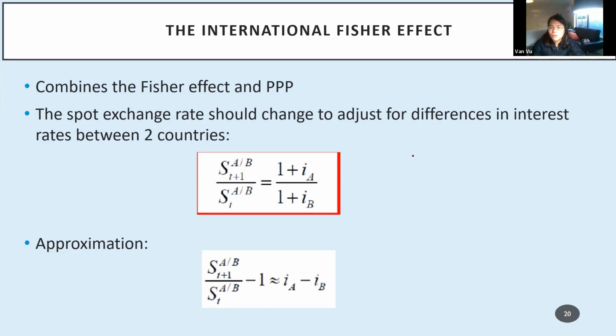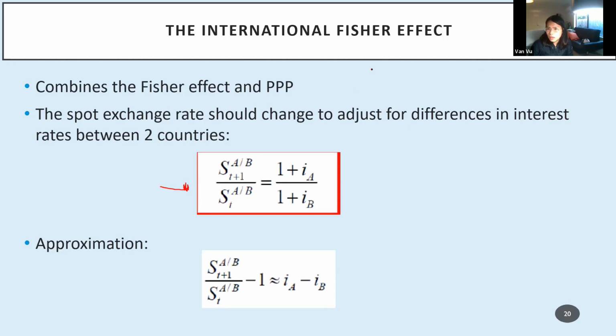If we combine the Fisher effect and the purchasing power parity, we will have what we call the international Fisher effect. The spot exchange rate between the two countries should relate to the nominal interest rate in the two countries following this equation over here.